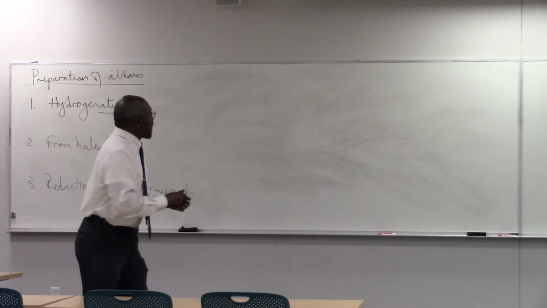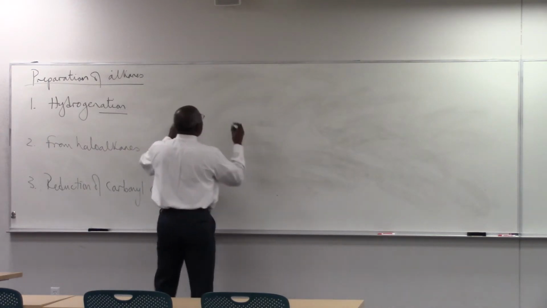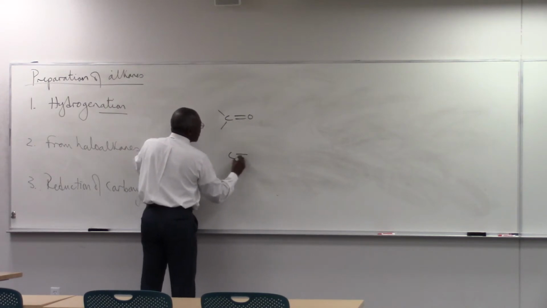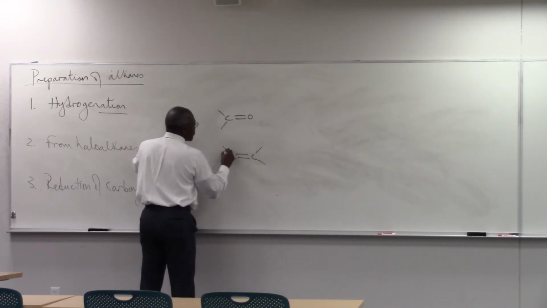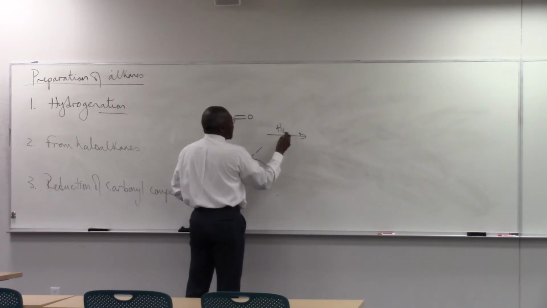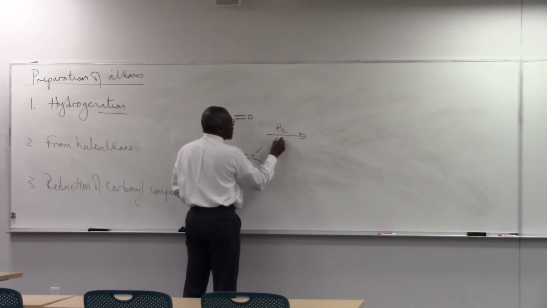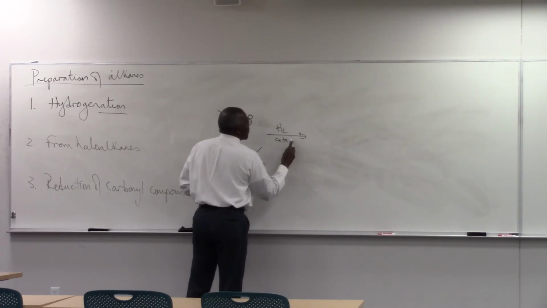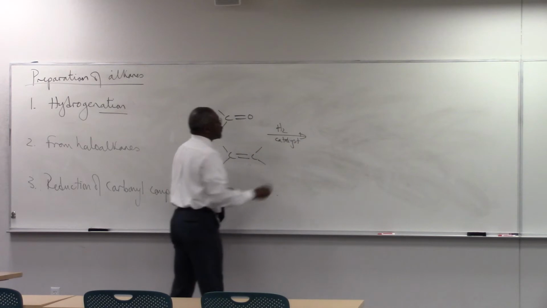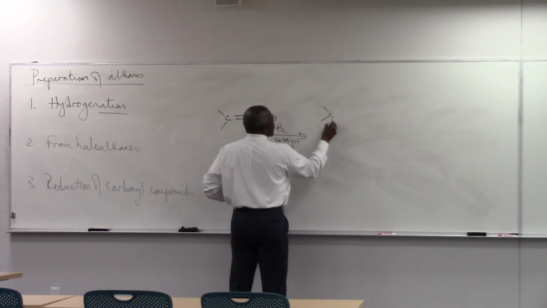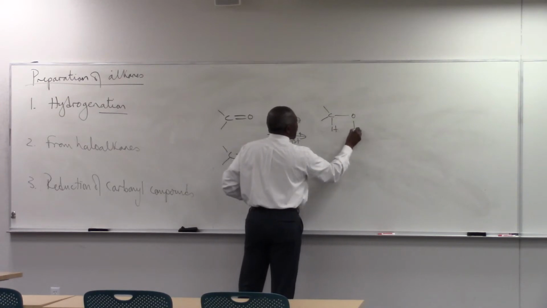So if I have, for example, a carbonyl compound, or an alkene, and I add hydrogen gas to them, and you will have to have some sort of catalyst, what's going to happen is I'll end up with an alcohol.